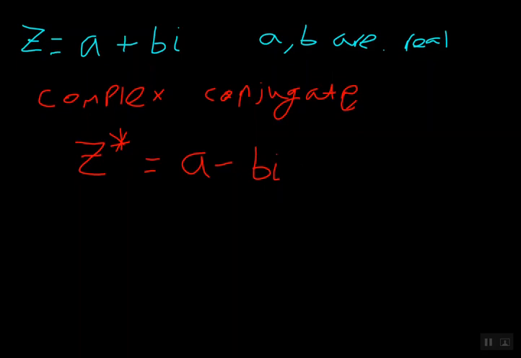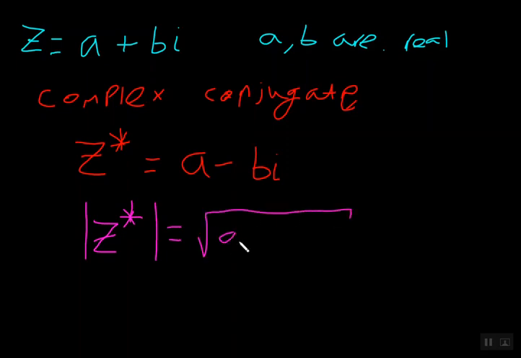The first thing to note is, what is the magnitude of z star? Well, it's the square root of a squared plus negative b, quantity squared, because that's the imaginary part. But negative b quantity squared is just b squared.